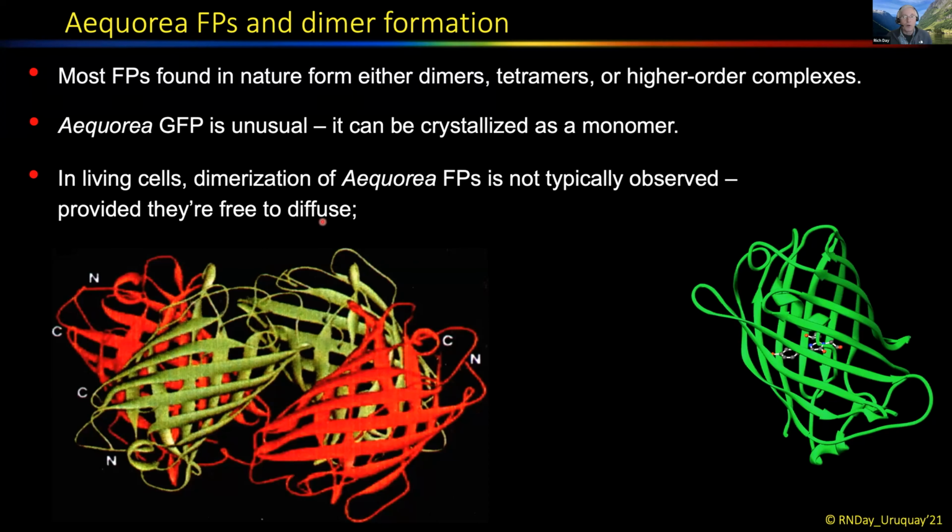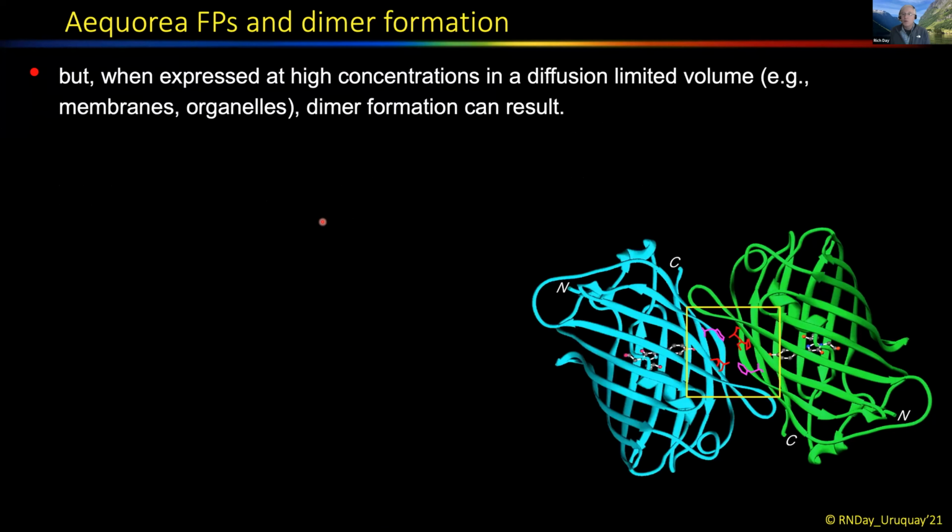Now this is an important point because if you express the fluorescent proteins in a diffusion limited volume, such as membranes or inside organelles, then dimerization can and often will result.